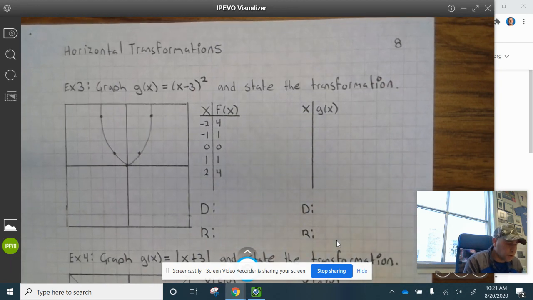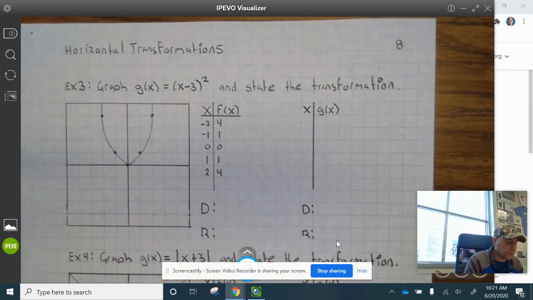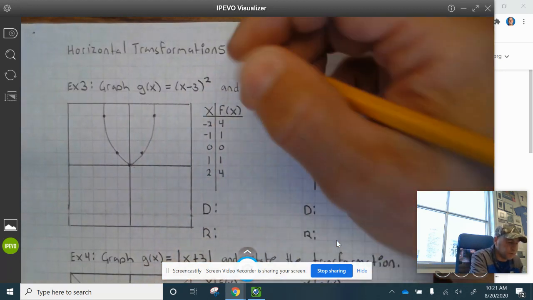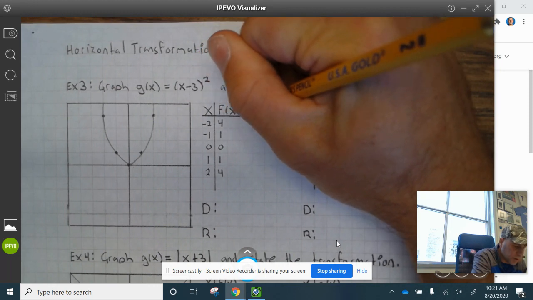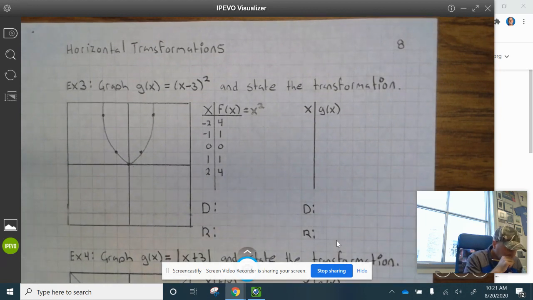Now, what you'll see here is what I've graphed is the parent function. When we talk about transformations, we're talking about them based on the parent function, okay? So I've graphed the parent function here, which is f of x equals x squared. Now, I'm going to do it a little differently this time.